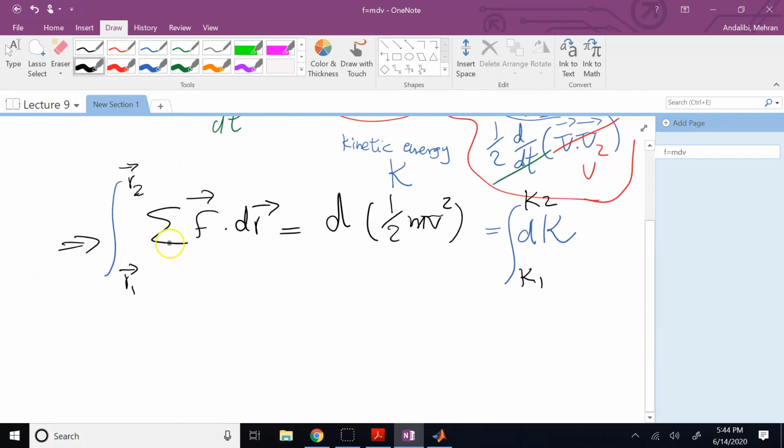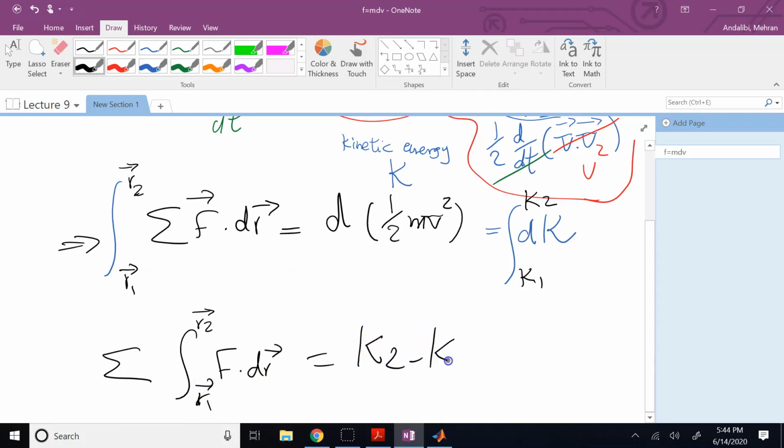And now the summation and the integral, we can exchange their positions. So there's going to be the summation of the integral of F dot dr from r1 to r2. This is equal to K2 minus K1, right? Because the integral of dK is K, and when you subtract the upper and lower limits, that's what you get.